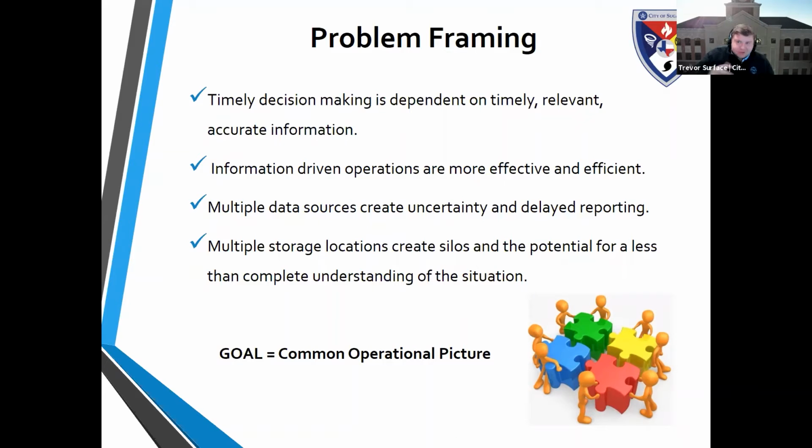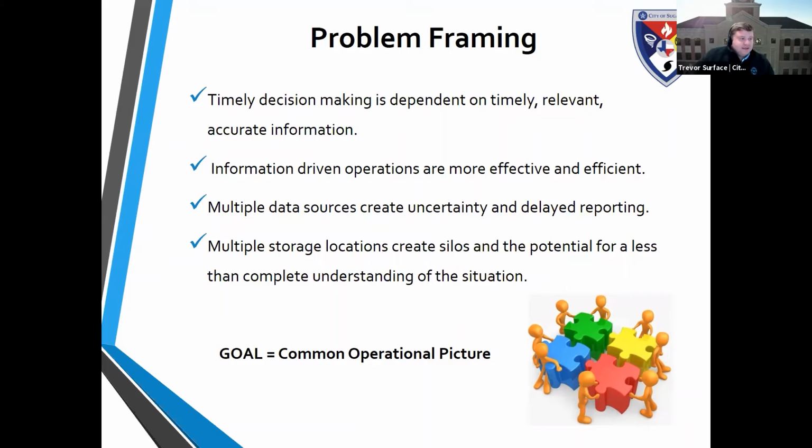But if we lose a water line, a water main because of a bust, that decision goes into effect on whether we need to shut that road down and react that way. Information-driven operations are more effective and efficient. Of course, it's those data-driven decisions. You can use your empirical decision-making, but you really need that real data to back it up in case there's any scrutiny in the end, but it also helps you respond.